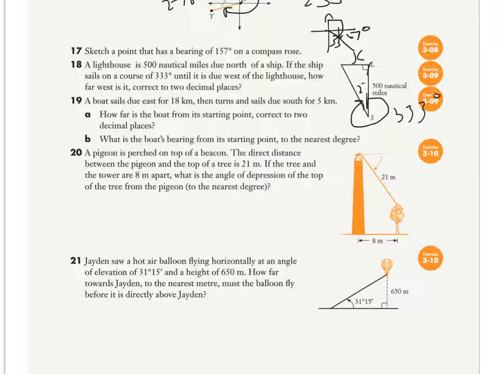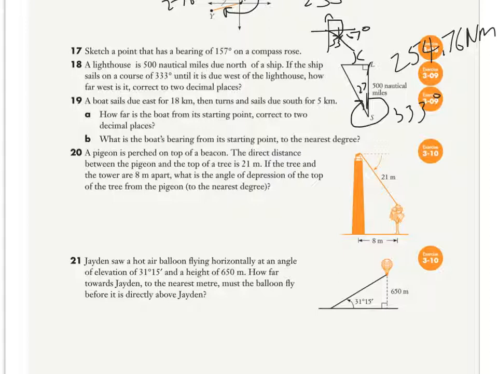So 27 in there. Alright, therefore we've got tan 27 equals x over 500, times by 500, and you'll get 254.76 nautical miles, 2 decimal places.